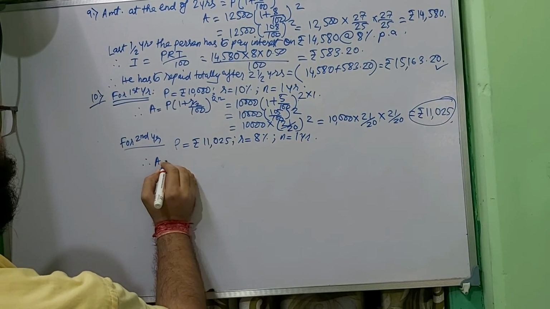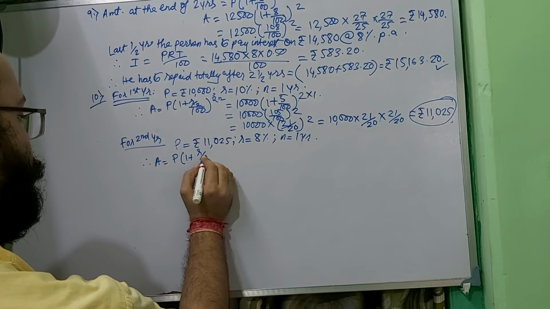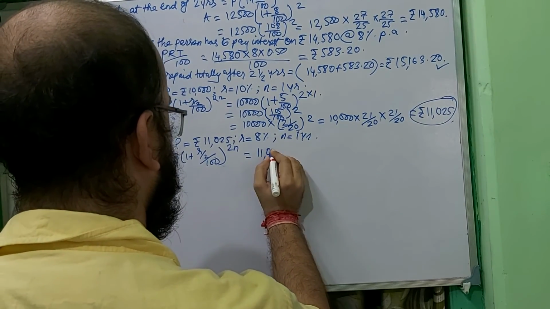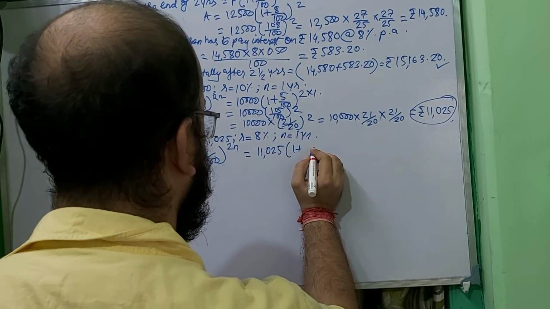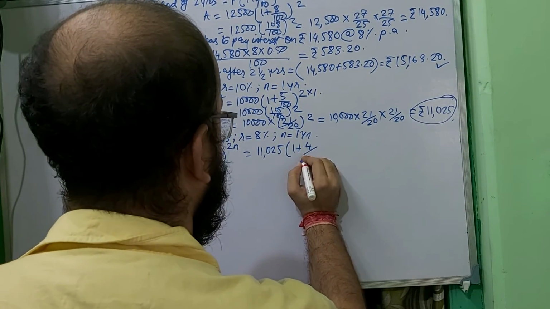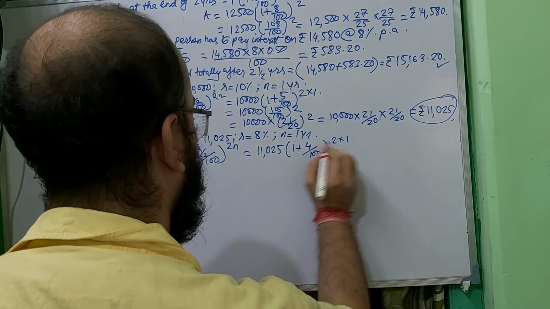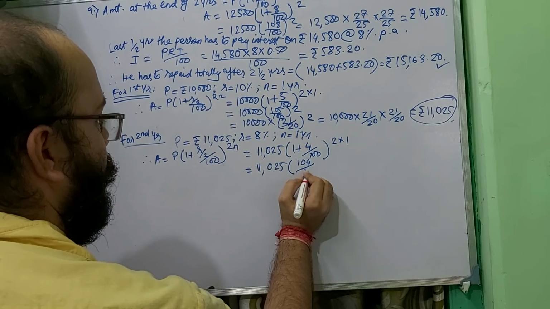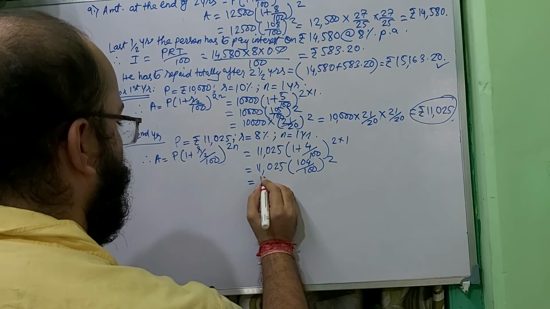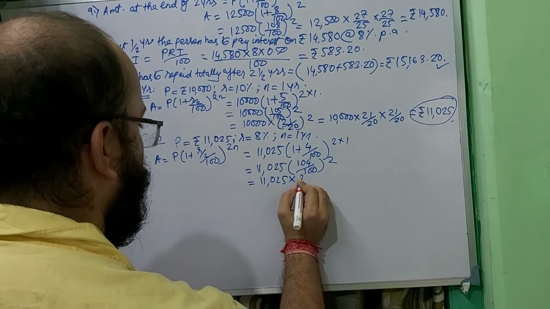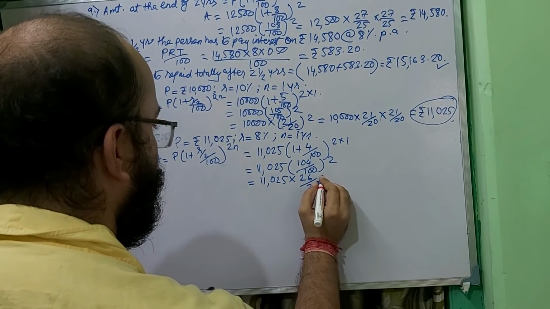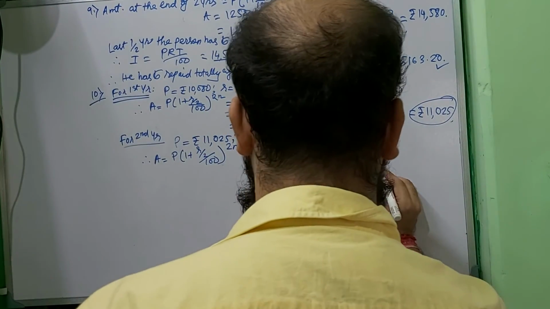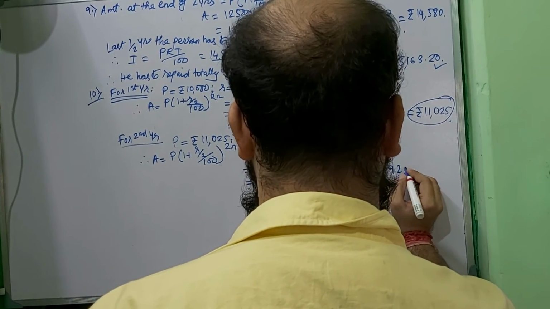So therefore A is equal to P into 1 plus R by 2 by 100, whole to the power 2n, which is equal to 11,025 into 1 plus R by 2, means 8 by 2 means 4 by 100, whole to the power 2 into 1. That is 11,025 into 104 by 100 whole square, which is 11,025 into 26 by 25 whole square, and you will get 11,924.64.